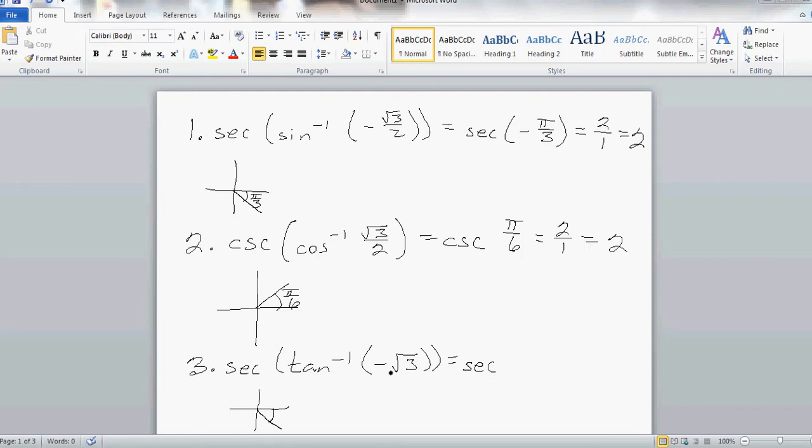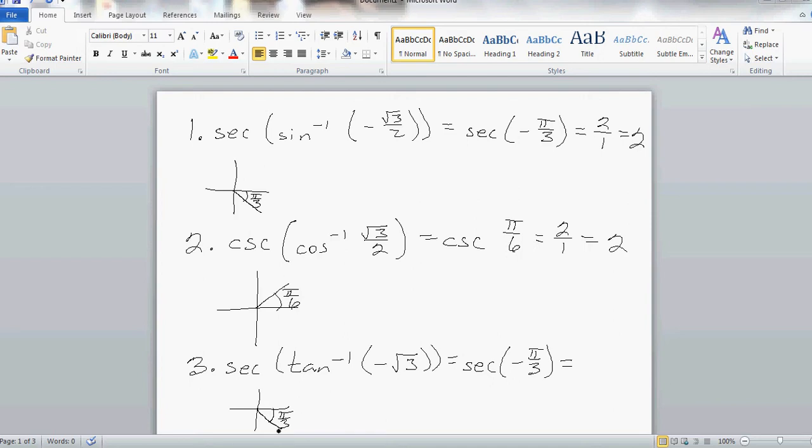Okay, where does tangent equal root 3? That is at pi over 3. Now this angle is actually going to be called negative pi over 3. So now the question becomes secant. Okay, the reciprocal of secant is cosine.